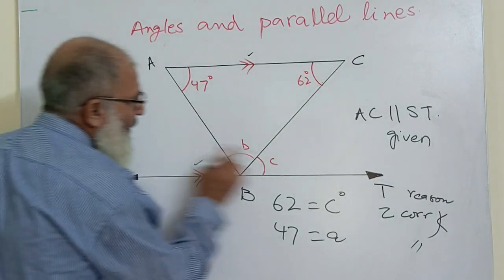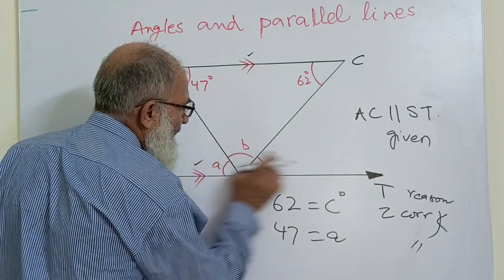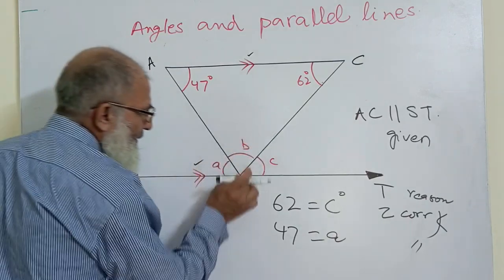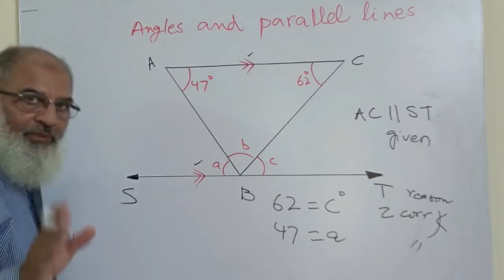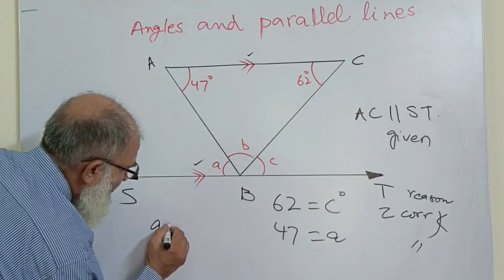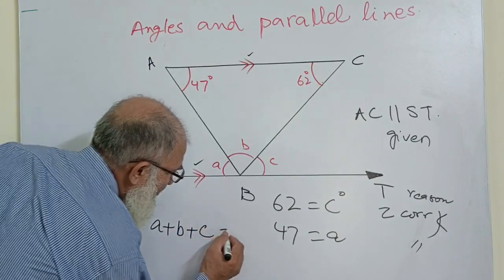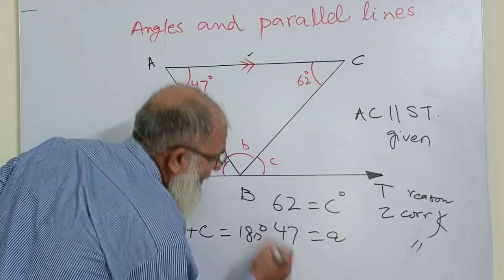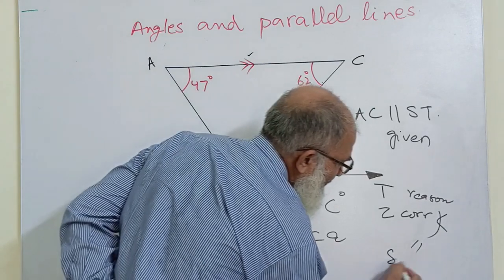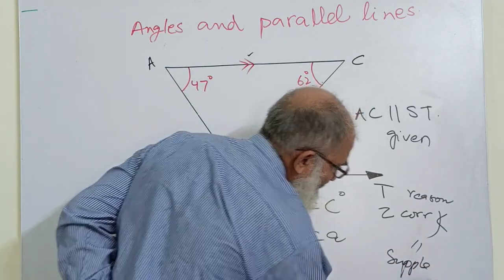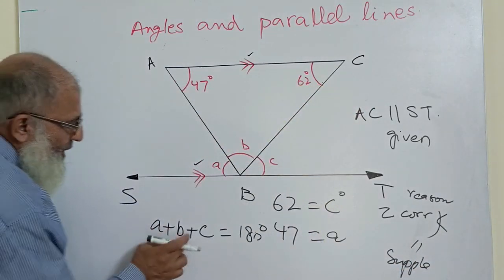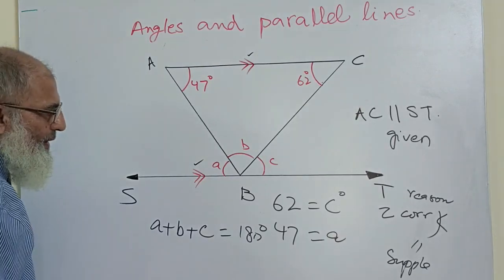Now when we have found two angles A and C, the rest is by supplementary. A plus B plus C is equal to 180 degrees. We can write supplementary angles in the reasons.